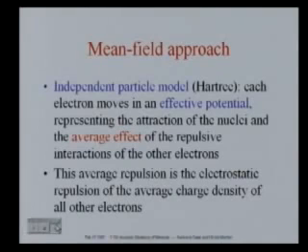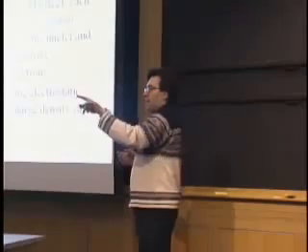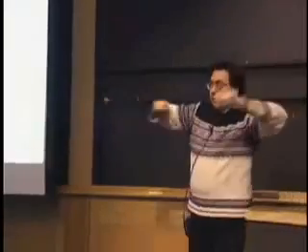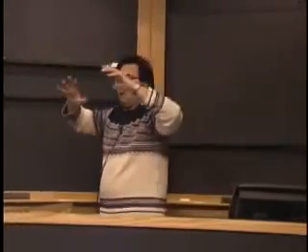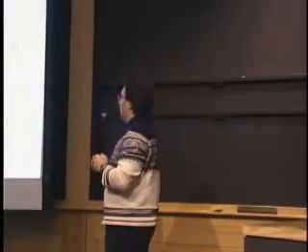So what you need to think, and what the complexity of this problem is, is that at every instant in time, each one of you is interacting, or actually repelling, with each one else. So this is the complexity of a many-body problem. In order to understand what's happening, each thing needs to know what everyone else is doing.